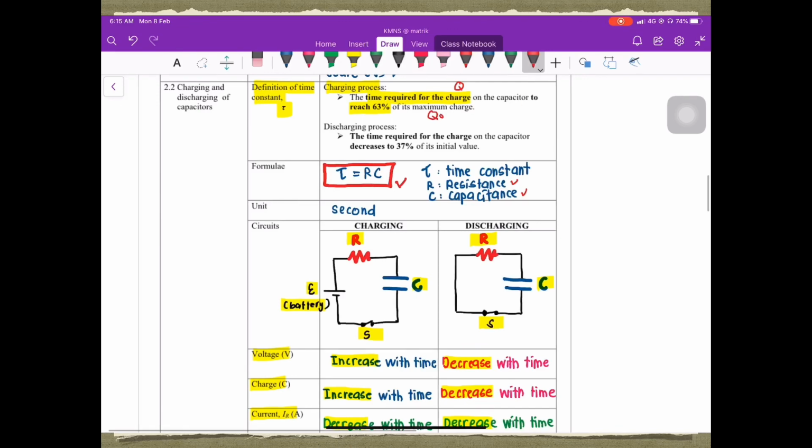So the keyword here must be reach for the charging process. And for the discharging process, the time required for the charge to decrease to 37%. So the keyword should be required for the charge to decrease to 37%.